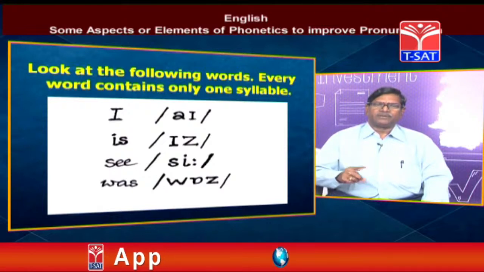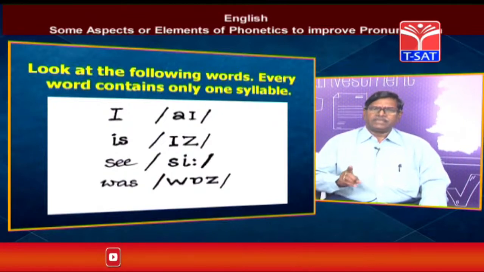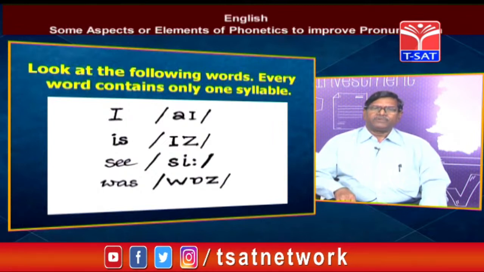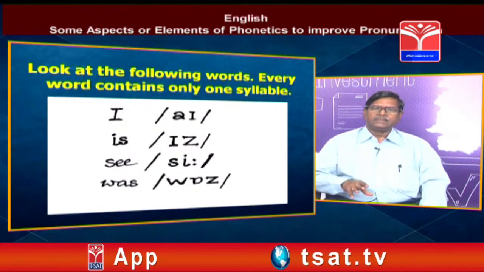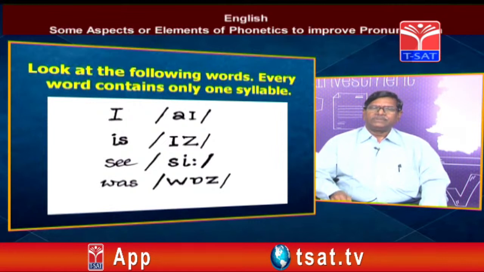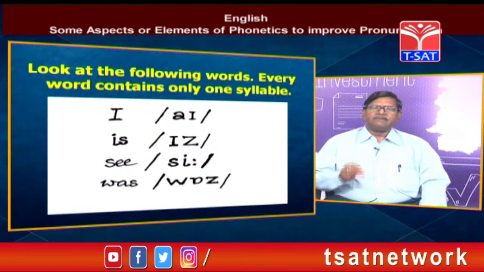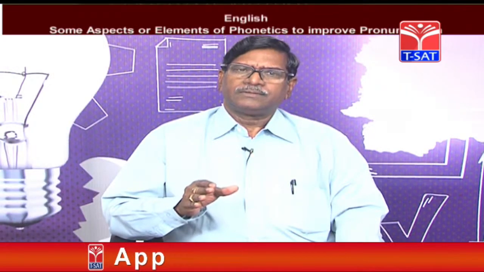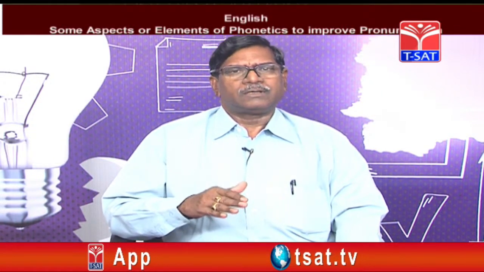Is, vowel sound followed by consonant sound, Z. See, vowel sound, E, is preceded by a consonant sound, S. Was, vowel sound, O, is preceded by W and followed by Z. So, if we consider these words, we can conclude that in every syllable, vowel sound is compulsory and consonant sounds may be preceding the vowel sound or following, or both ways.